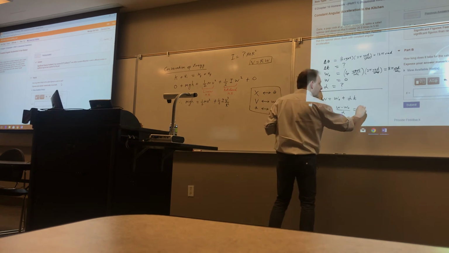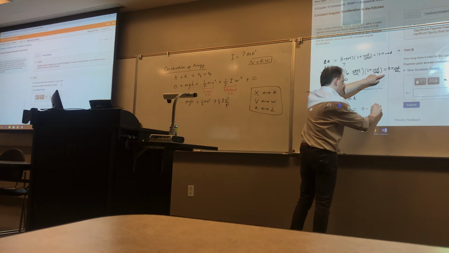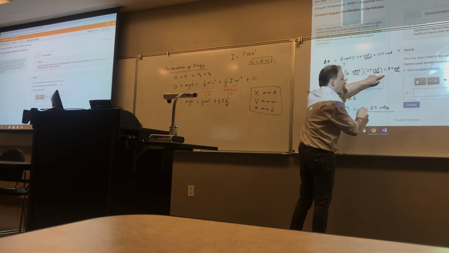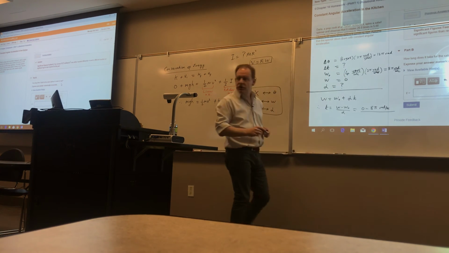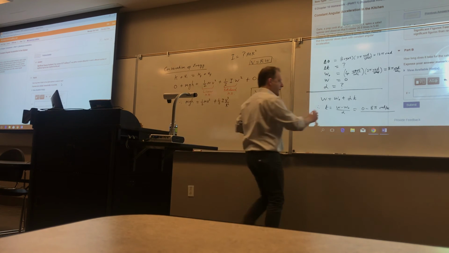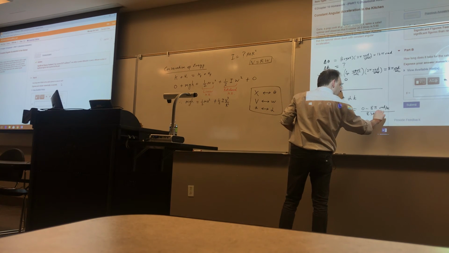That would be 0 minus 8 pi radians per second over the alpha we just found. Should I use 8.37? They wanted me to round it to 8.38. I would probably use more significant figures.